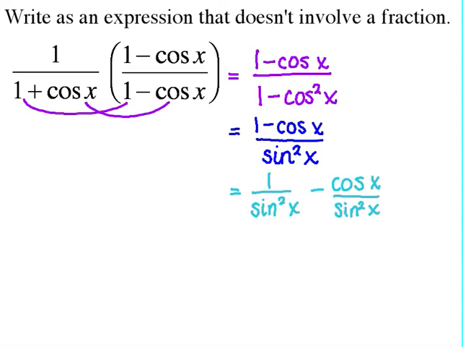Actually, we're about done. What is this? Cosecant squared. Okay, now this one, since that sine's there, sine squared really means sine times sine, just sine times itself.